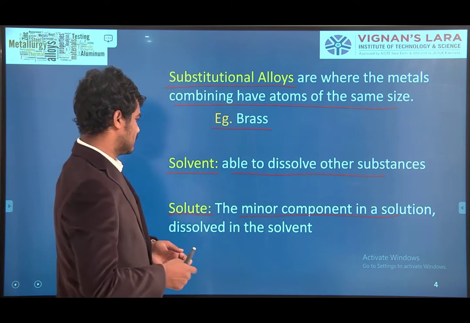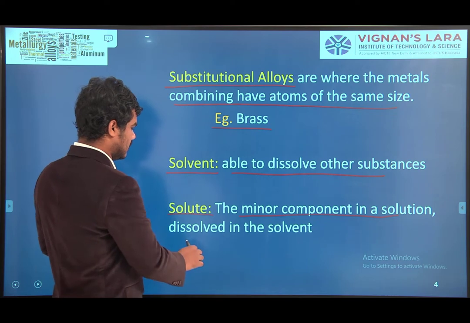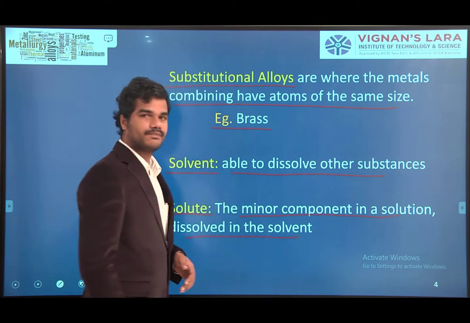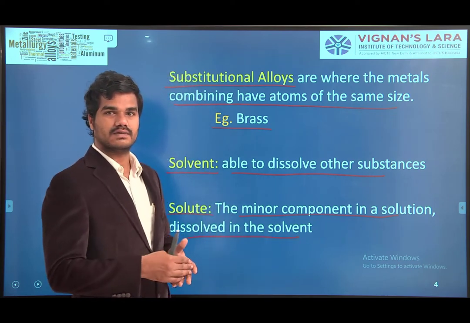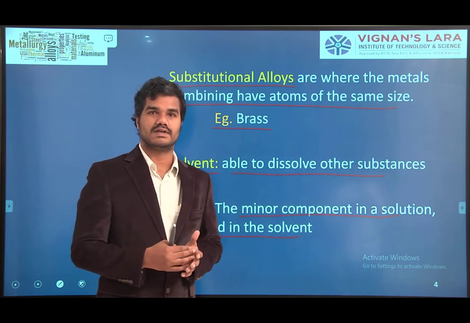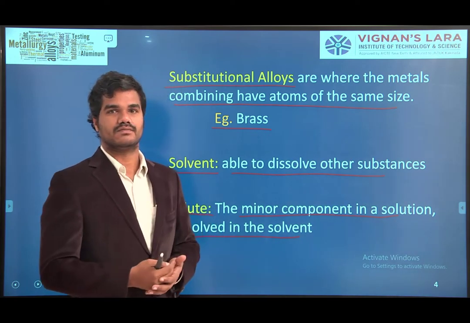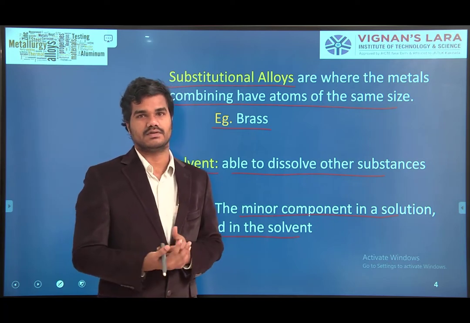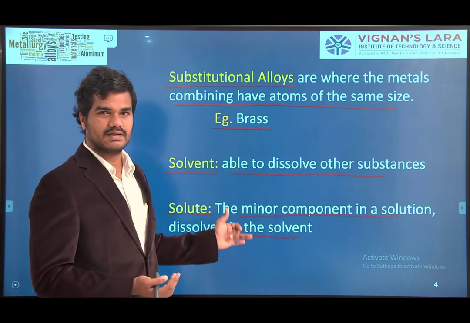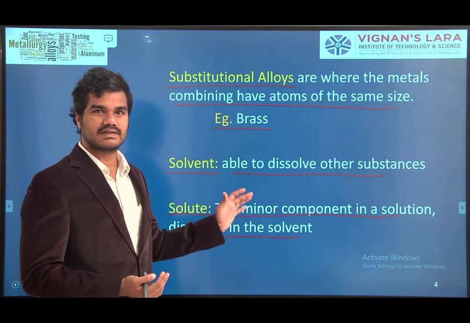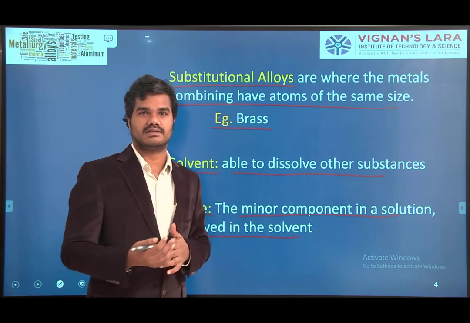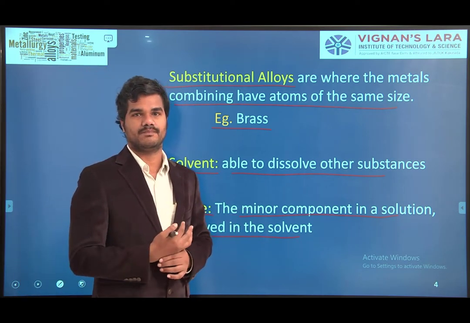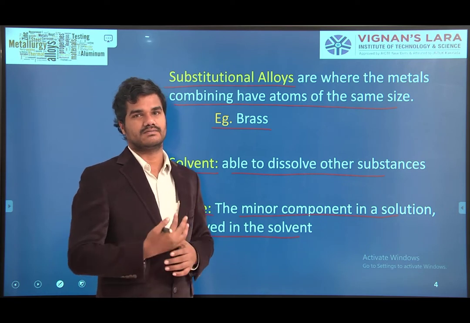What is dissolved in the solvent is called solute. Hope you understand. Very basic definitions. Understanding these three definitions is important to understand the Hume-Rothery rules. For that I am recalling this.